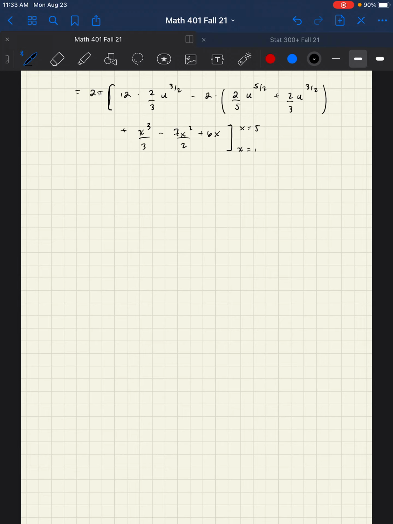And remember that this is going to be evaluated for x equals 1 and x equals 5, and we still have that trace of u.